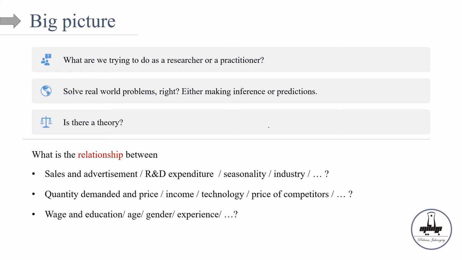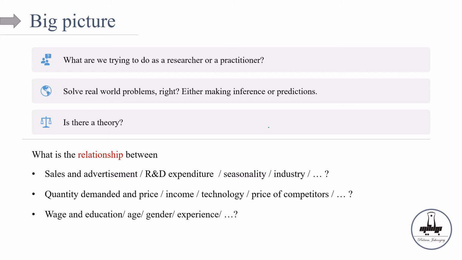So you're interested to see what is the relationship between quantity demanded from one hand and price, income, technology, price of competitors, the price of substitutes from the other hand, right? So this is also another type of interesting research question. And then finally, for example, you want to see what's the relationship between wage and education, age, gender, industry, job characteristics, etc. Right? These are all really interesting research questions.